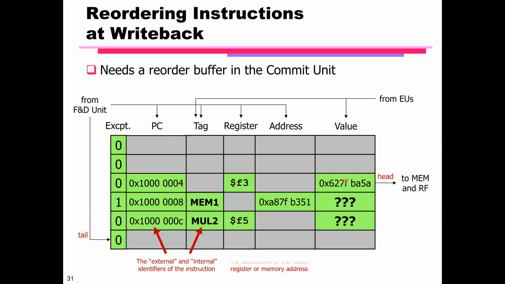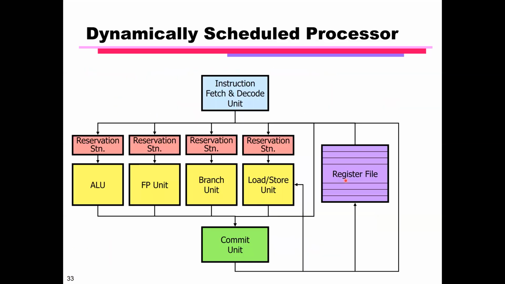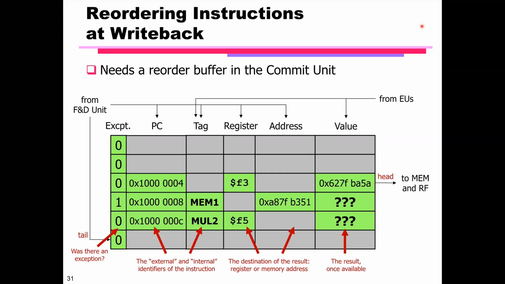And this corresponds exactly to what was said a minute ago, of updating the state in order of instructions coming from the program, as if I were in a machine that is sequential, but doing whatever I want independently from this commit unit in reality. So I hope the mechanism is relatively clear. In a minute, I will do a few examples in detail that hopefully will clarify some details if you have any.